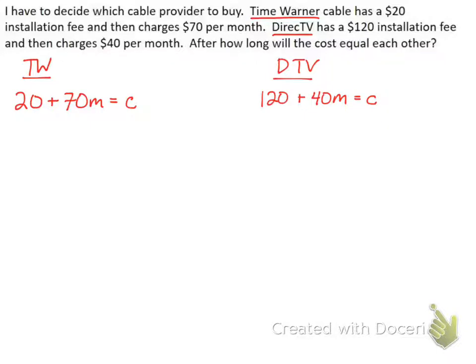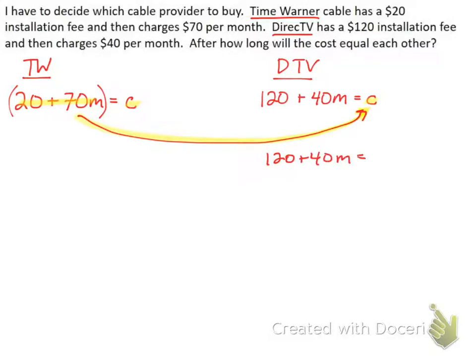Again, starting point and change. And so this is my left-hand side. They're both equal to C. And so I can grab this and I can plug it in and get 120 plus 40M is equal to 20 plus 70M.